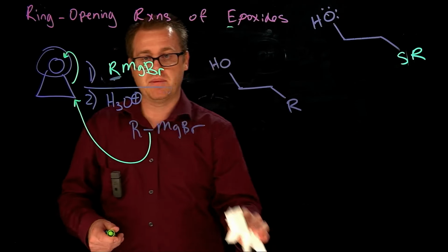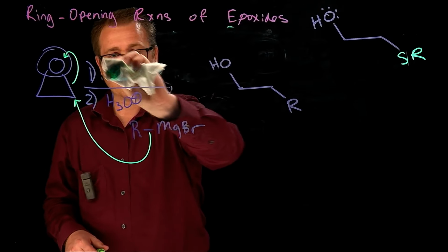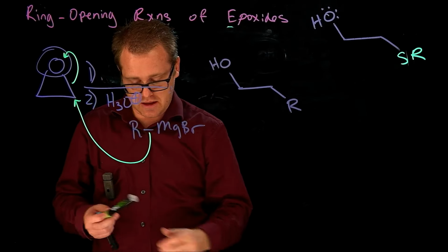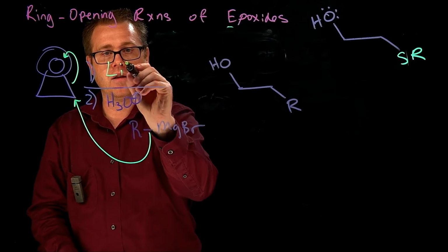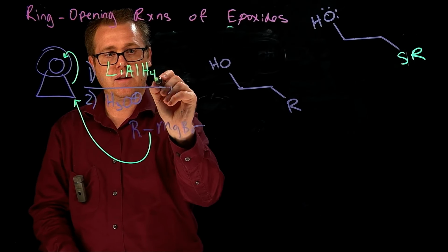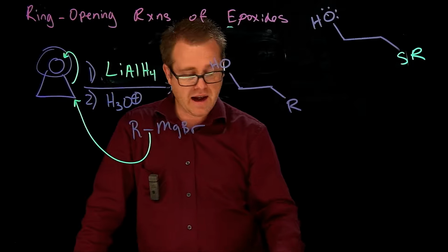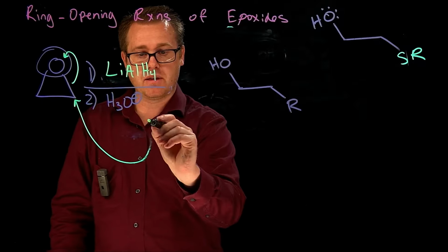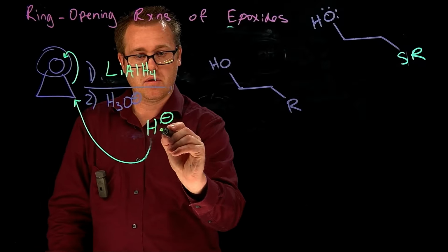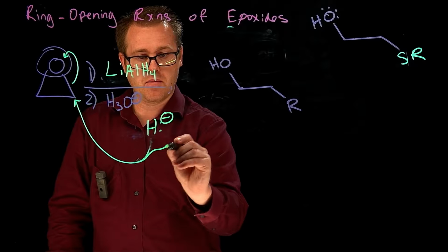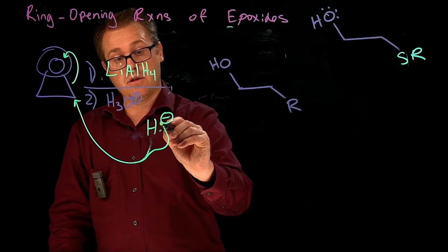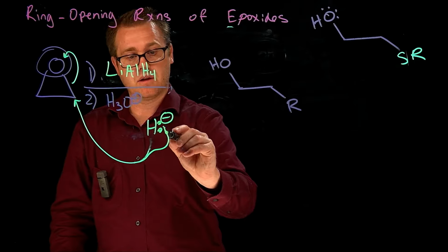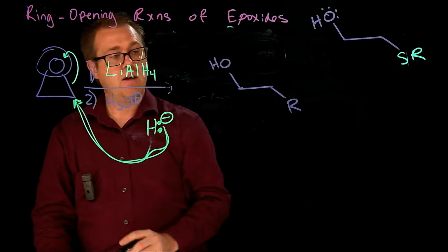What's another species that kind of resembles that? The lithium aluminum hydride, like that. And remember, hydrides, shorthand, we could just draw them like this. That lone pair right there is going to come in and attack. And what's it going to do?